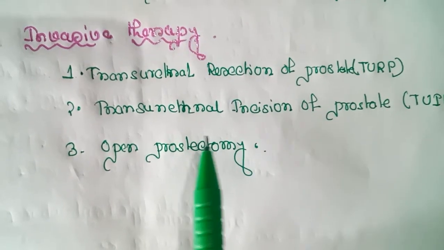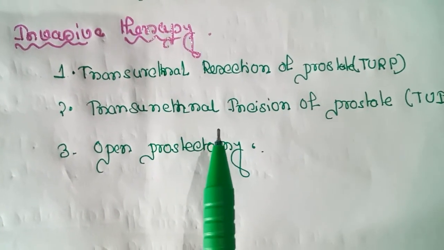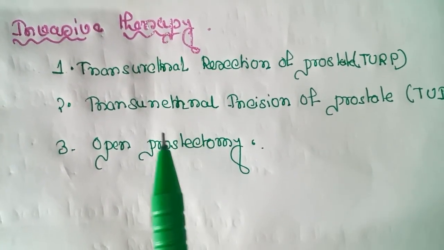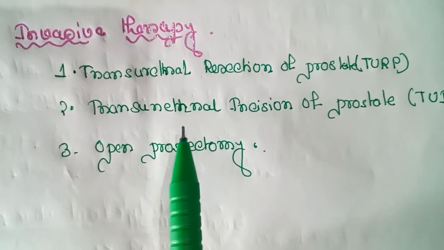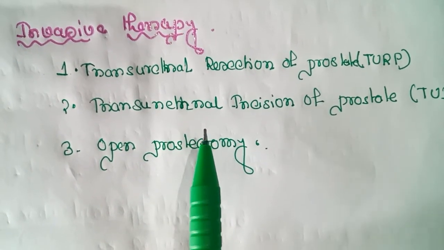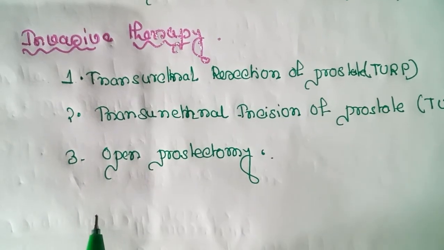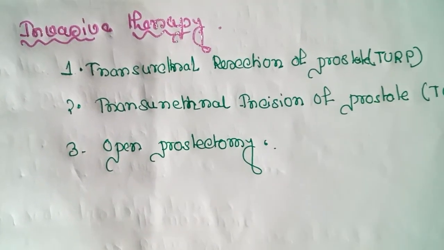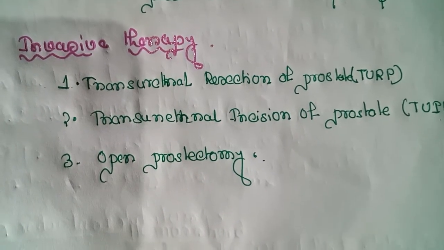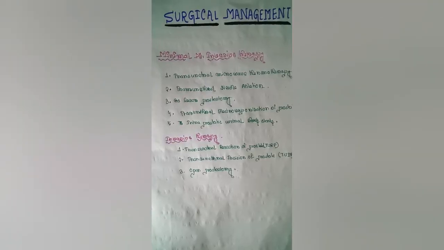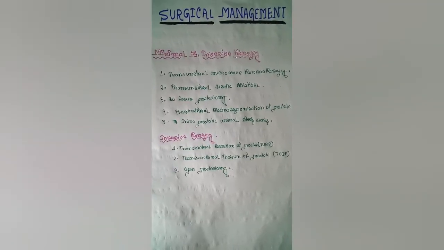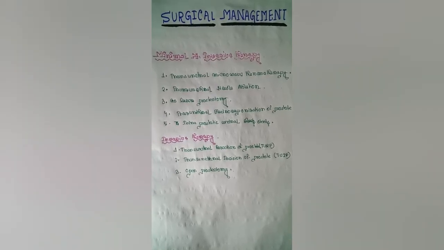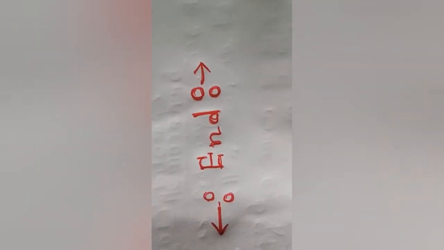It is the surgery of choice for men with a large prostate, bladder damage or other complicating factors. It involves an external incision with two possible approaches. This is the surgical management of BPH in short. This is the end of this lecture.